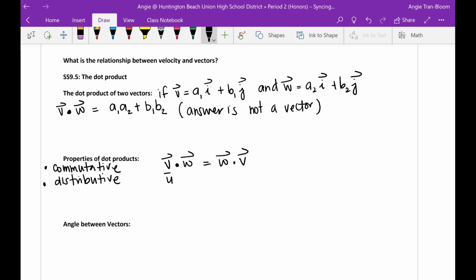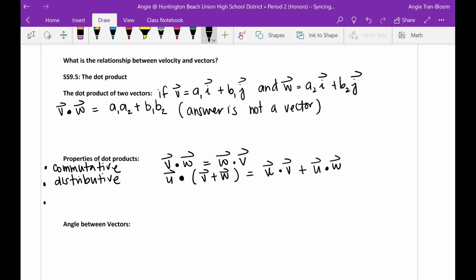So if you have vector u, not a unit vector, just so you have an understanding, dot the sum of vector v and w, it is now vector u dot vector v plus vector u dot vector w.